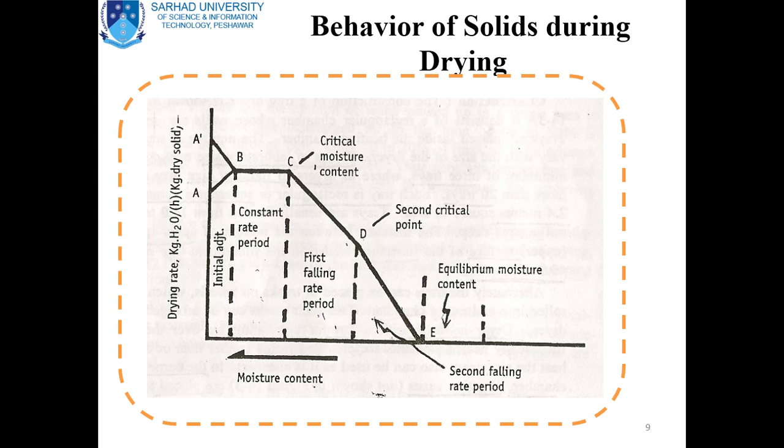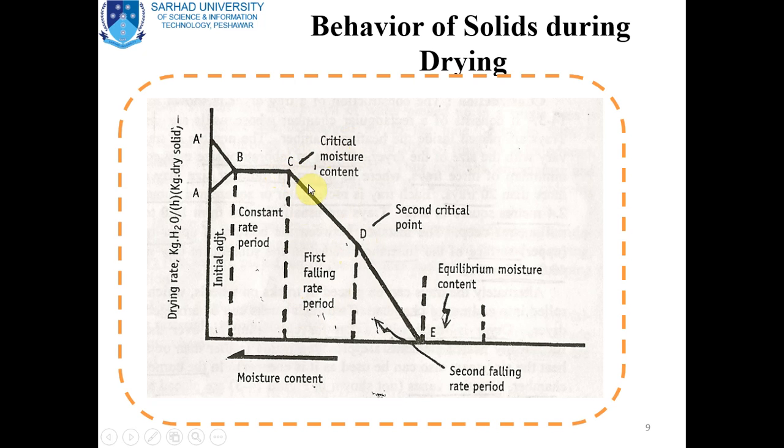And you can see from A to B, that is the initial adjustment period, and from B to C, that is the constant rate period. Next is the critical moisture content, that is point C, representing the critical moisture content.